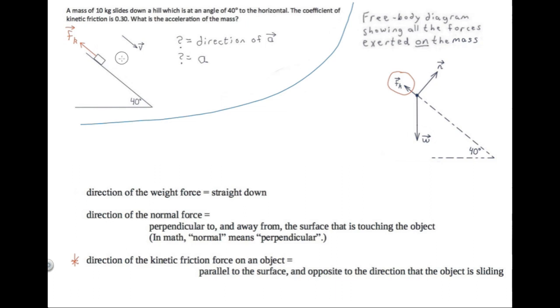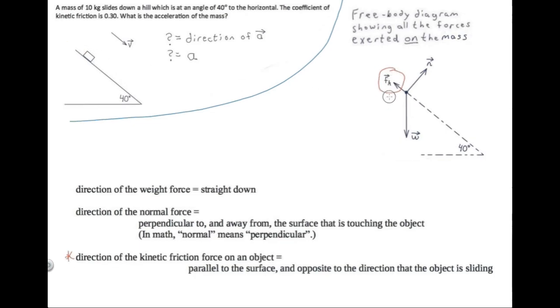In this problem, the mass is sliding down the hill, so the kinetic friction force points parallel to and up the hill, like so. Friction opposes sliding. Remember, the normal force will always be perpendicular to the surface, and the friction force will always be parallel to the surface.